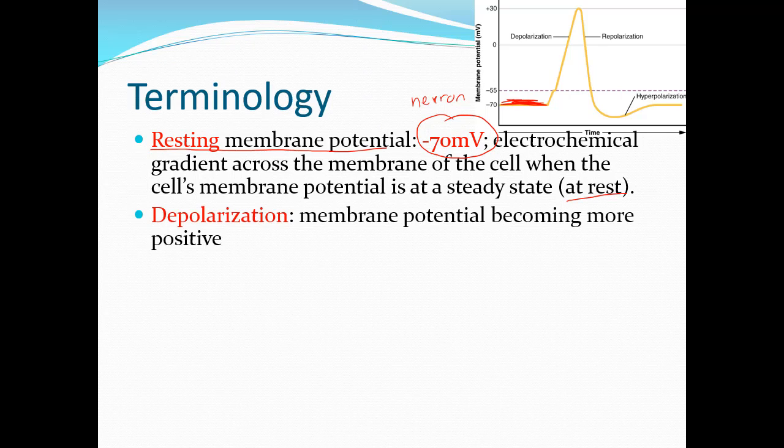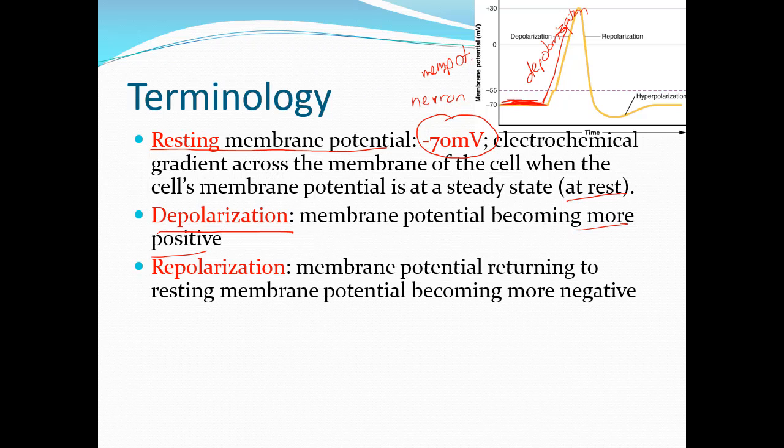When it does get somewhat excited, this is called depolarization. When it gets depolarized, it becomes more and more positive. As you can see from this graph, this is the membrane potential, which I'm going to abbreviate as mempot. As it's increasing in positivity, this is called depolarization.